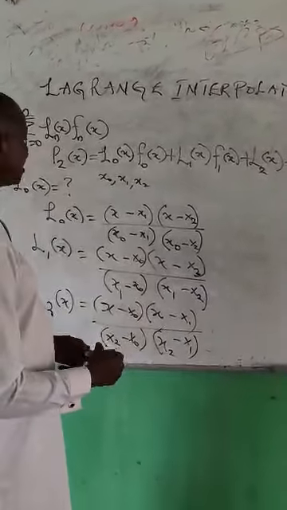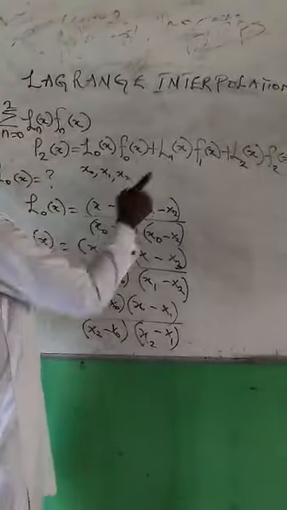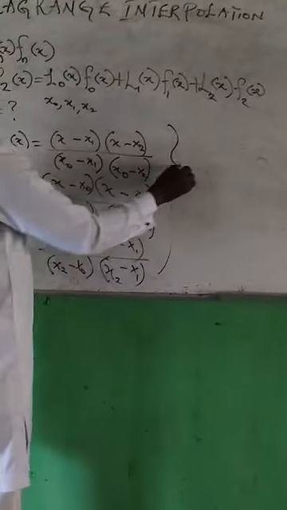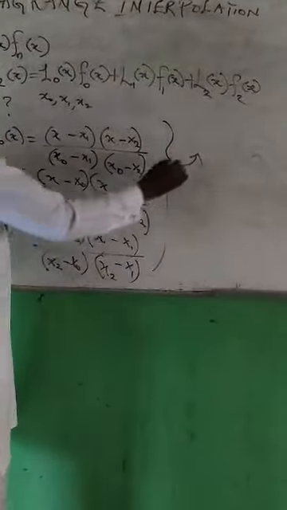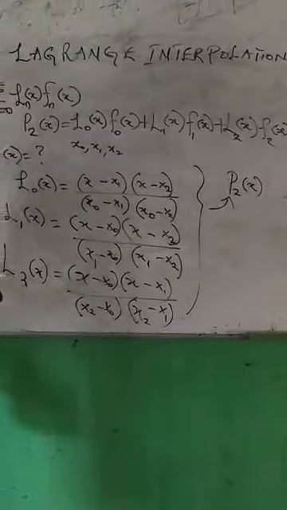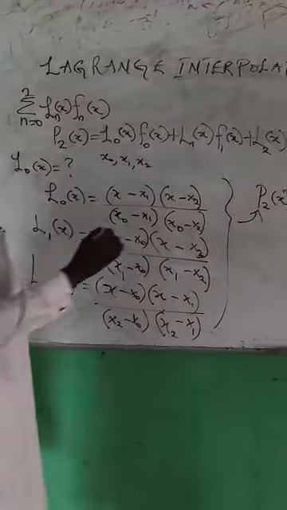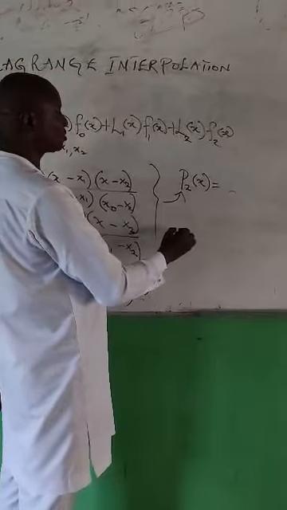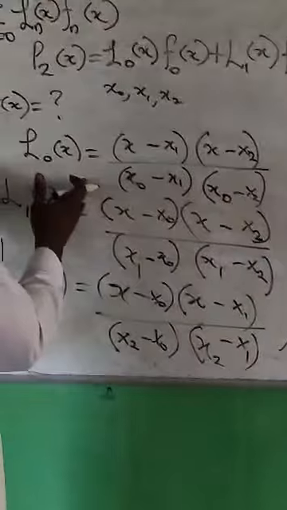Then this expression will fit into this general equation finally to give us the insertion, and it will now be inserted as polynomial of order 2. Polynomial of order 2 is equal to initial Lagrange L subscript naught, which is this term that you have here.